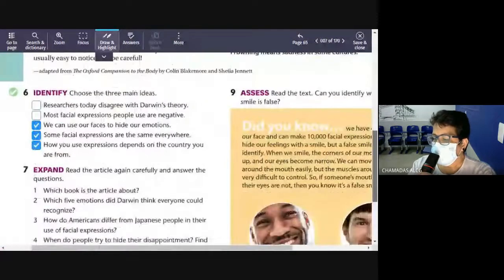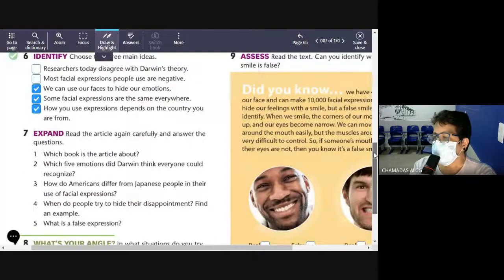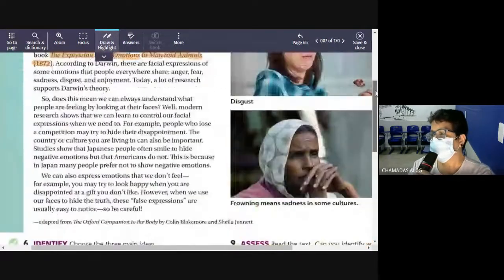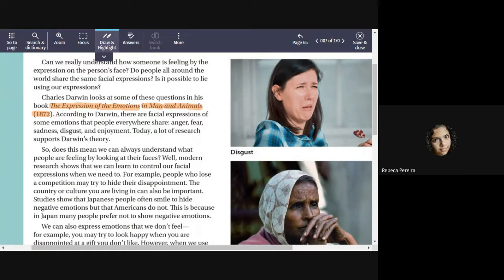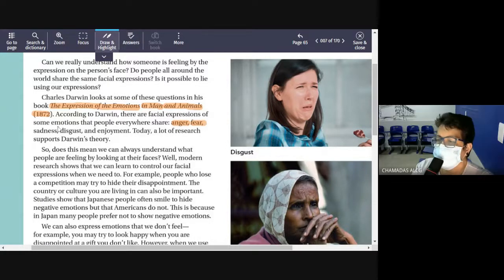Now, which 5 emotions did Darwin think everyone could recognize? Anger, fear, sadness, disgust, and enjoyment. Yes, excellent.